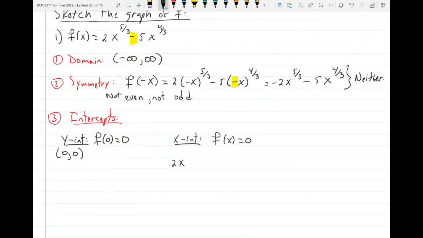So that is 2 times x to the 5 over 3 minus 5 times x to the 4 over 3 equals 0. And then when you're dealing with this kind of expressions, remember what you need to do to solve this equation is you need to factor, okay? Don't simplify stuff like by dividing on a variable, because then you're going to lose solutions, okay?